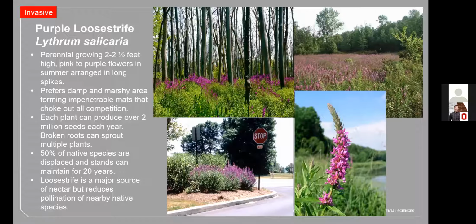They can be a major source of nectar for honeybees, but they also reduce pollination of nearby native species. There's been some success with biological control with species of black-margined loosestrife beetles that feed on the leaves, stems, and buds.